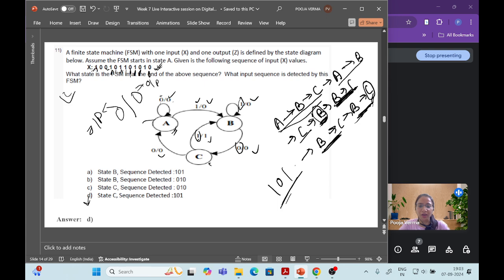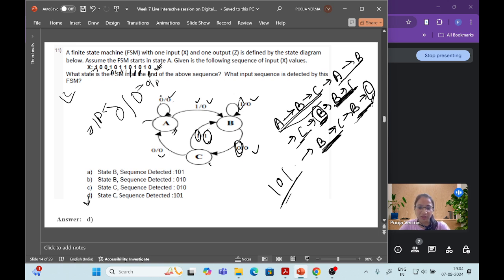In order to find out the input sequence, we need to check where it is repeating the sequence. Here it is repeating the sequence. It repeats 2 times, but here it has been broken, right? The sequence will be broken. So it will remain C, C to B, B to C. The output will change here only when the state changes C to B. So the inputs we need to mark out: 1, 0, 1.